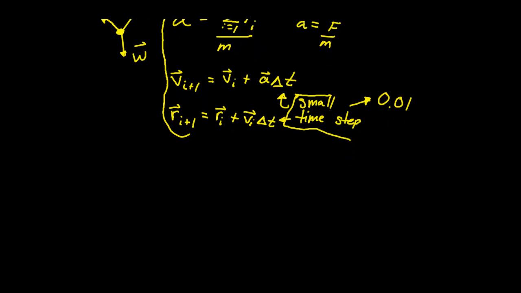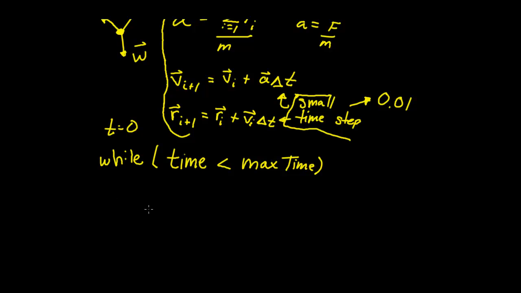But we can put this into a computer, so if you're familiar with computer programming, you could say, while our t, our time, is less than our max time, and at first, t is 0.